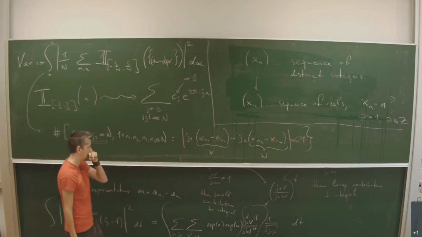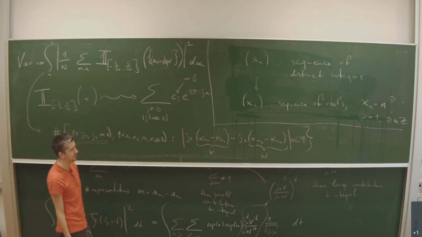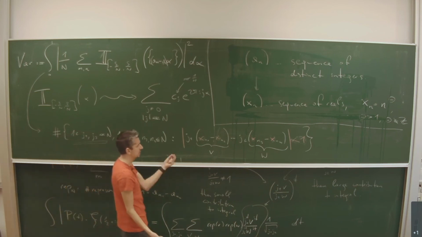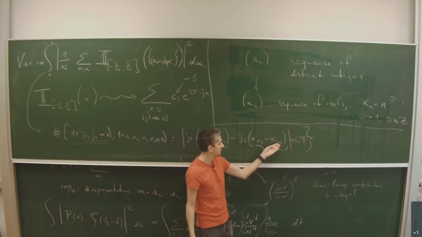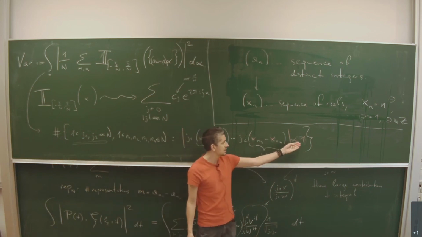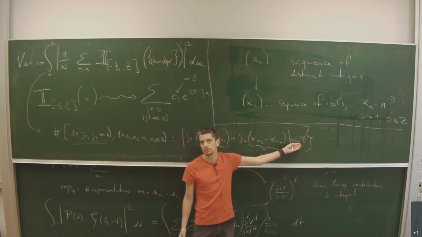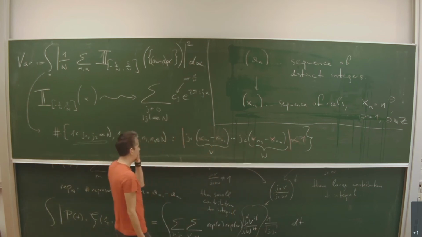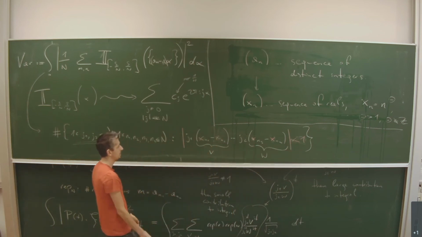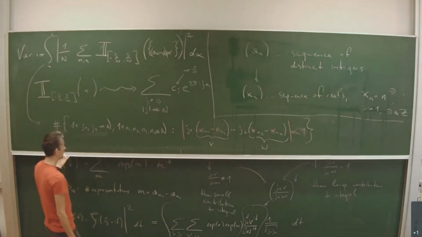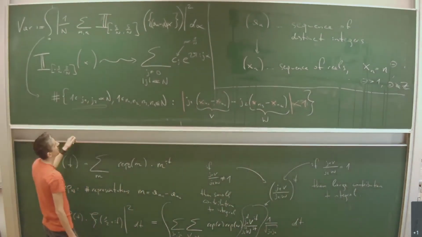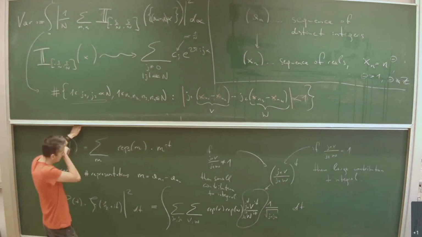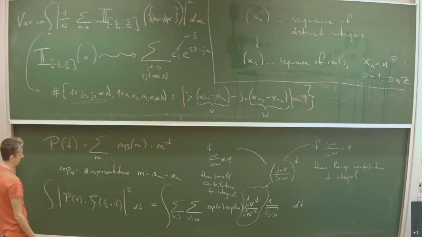So this is the equation that controls the variance now. Observe that in the integer case, it's exactly the same. In the integer case, if some expression in integers is smaller than 1 in absolute value, then it is equal to 0, obviously. In the real case, there's a difference. We can run a similar argument here.